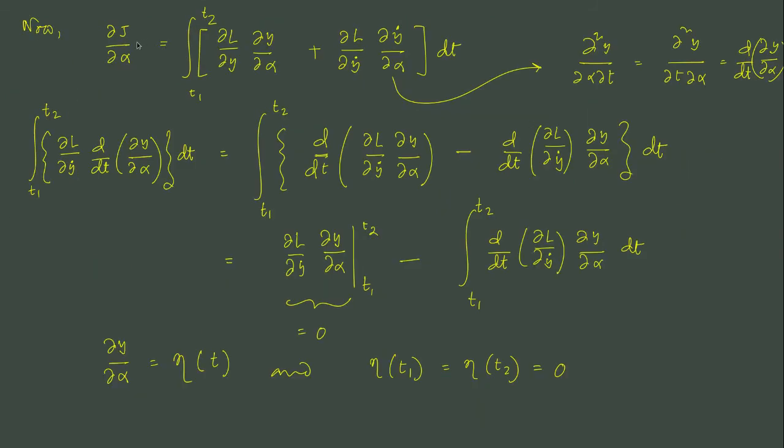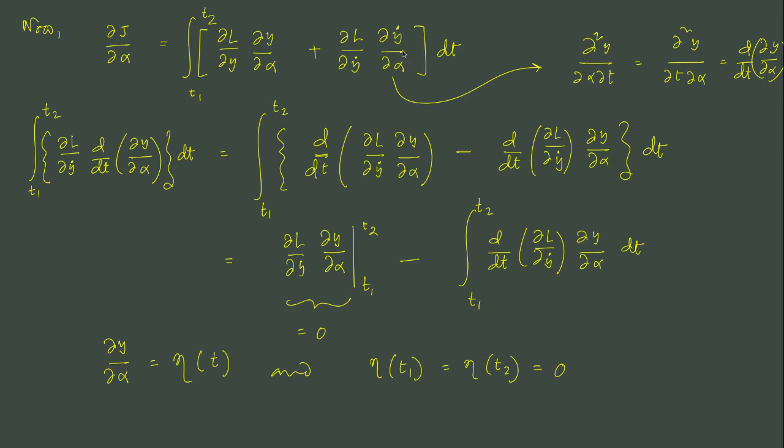Now we calculate the change with respect to alpha of J. So del J del alpha. Of course, we can push the derivative in because the integration is over time and alpha remains unchanged. So we can simply push it in and use the chain rule to get del L del y times del y del alpha, and add to that del L del y dot times del y dot del alpha.